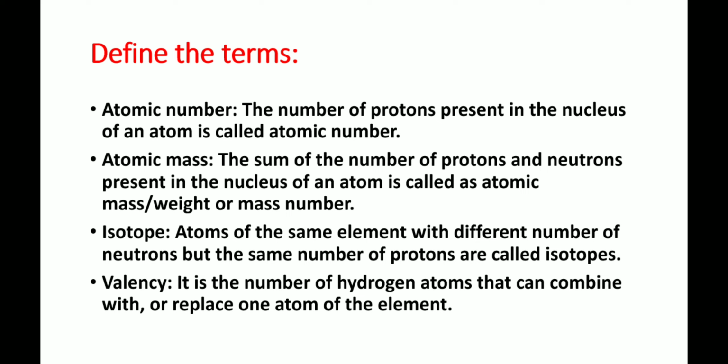That is also called the mass number. Next, isotope. Atoms of the same element with a different number of neutrons but the same number of protons are called isotopes. Next, valency. It is the number of hydrogen atoms that can combine with or replace one atom of the element.